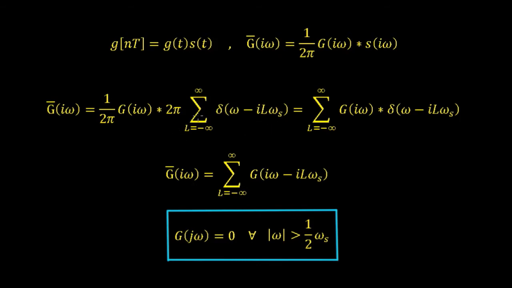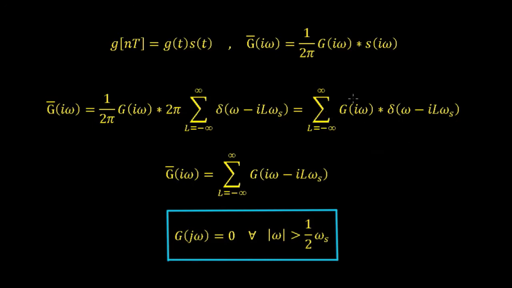So we can write that as the sum from L equals minus infinity to infinity of delta of omega minus L omega s. Now of course there's actually a factor of 2 pi there as well. We proved that in a previous video when we were looking at the impulse train in the time domain and impulse train in the frequency domain. So the 2 pi cancels with this 2 pi here. We take our g of i omega inside the summation, and we're left with this here.